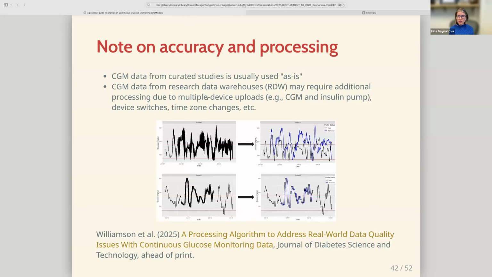I do want to make a note on accuracy and data processing. A lot of times when I have CGM data from curated data sets, we use it as is. We now have a lot of cloud-based data, and data in research data warehouses, and this may require additional processing. Here we have data where you have duplication. When you look at this particular figure, there's a lot of overlap and it's really not clear what is going on.